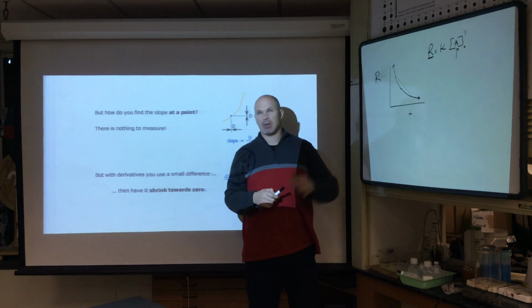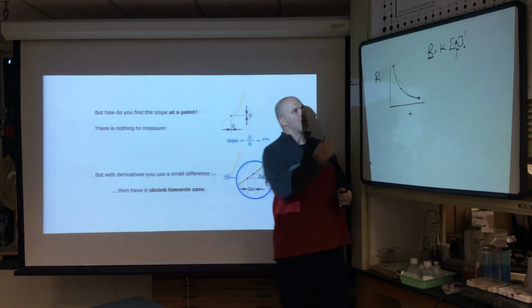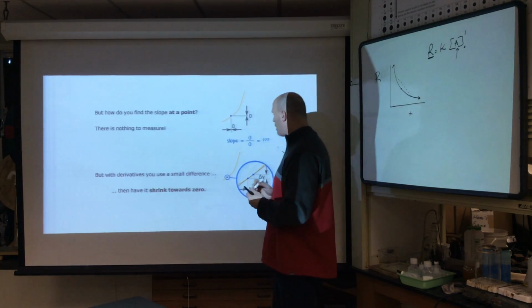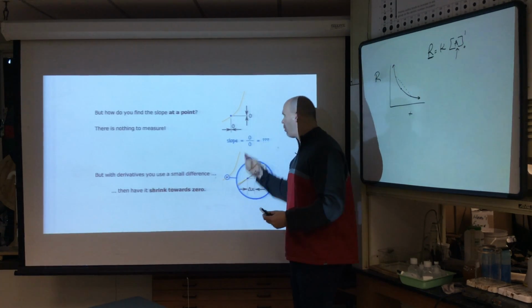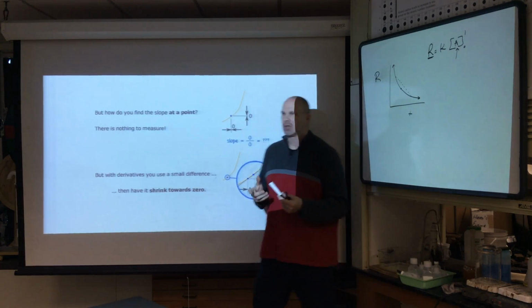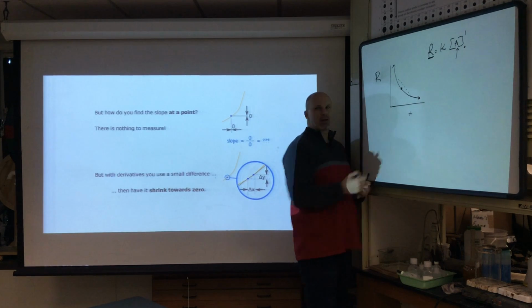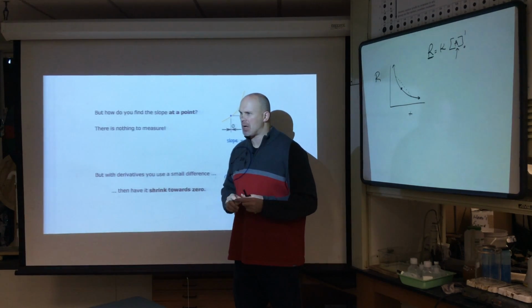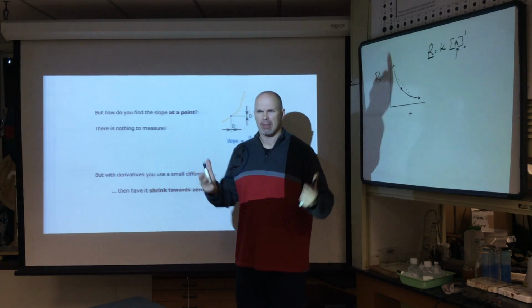And all I can know as a chemist from this equation is the initial. I want more information. So I take a derivative, which is nothing more than making two points small enough to know what that point is at a certain time period. So I may know the rate at a certain time period, and that's what the derivative tells me. It tells me exactly what the rate is at a certain time period. That's good.